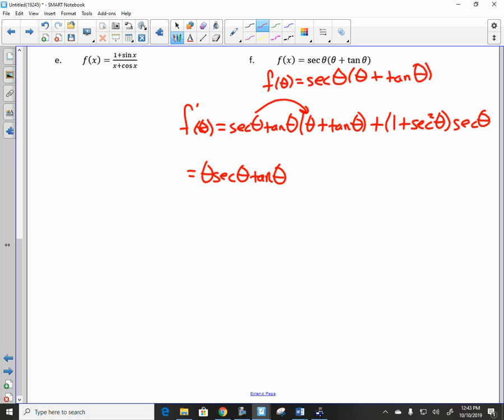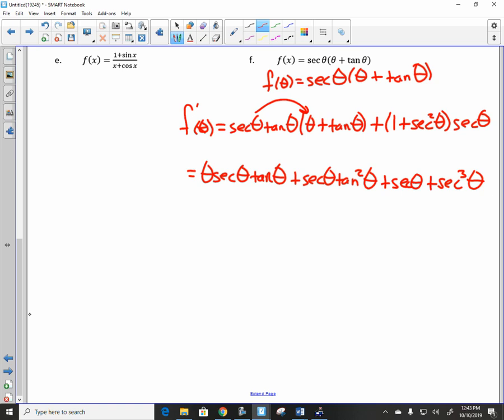What am I going to have after that? Yep, secant of theta times tangent squared of theta. What then? Plus secant of theta, plus secant cubed of theta.